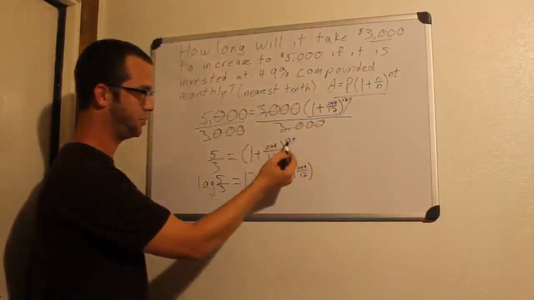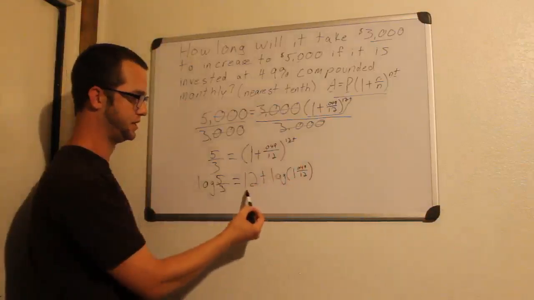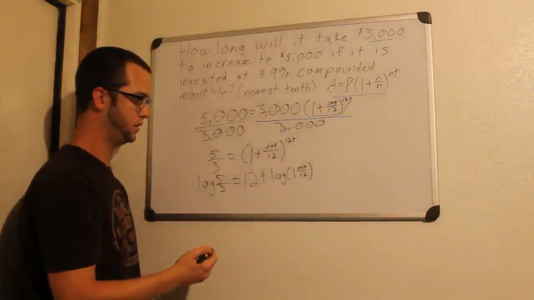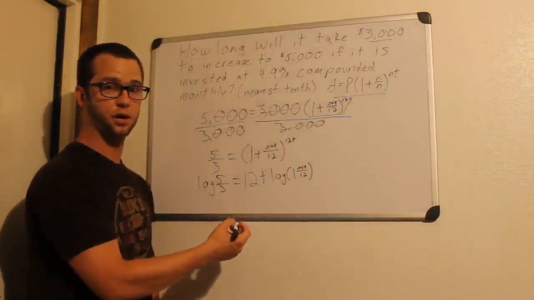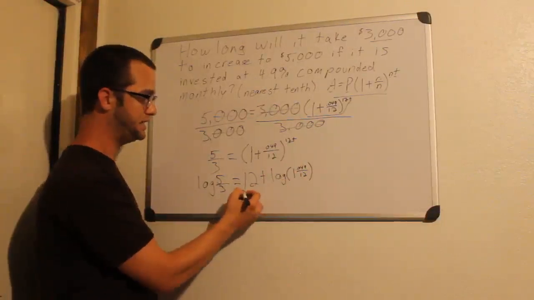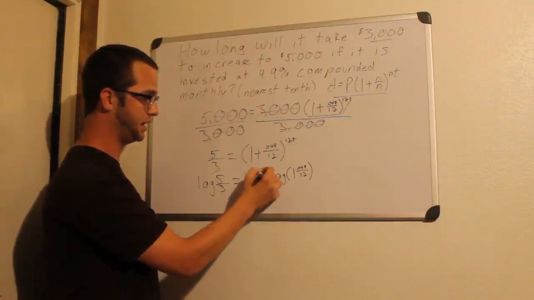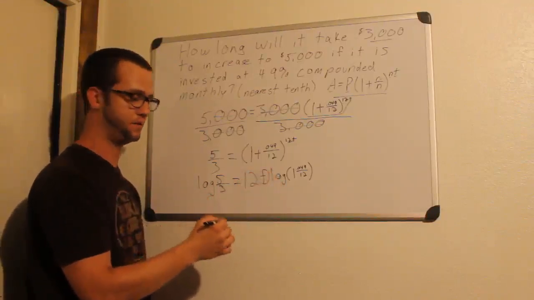And as you can see, the 12t that was the exponent is now down at the base of the equation. Now on the right side of the equation we have one big multiplication problem. So it's very easy to isolate the t like we want to do to find the amount of time.